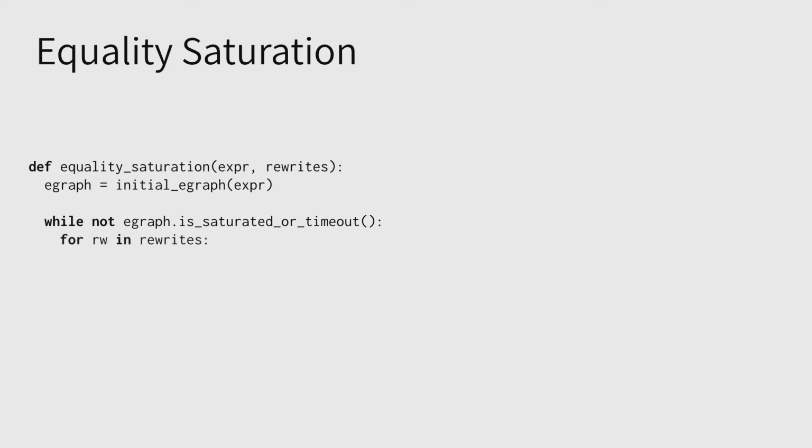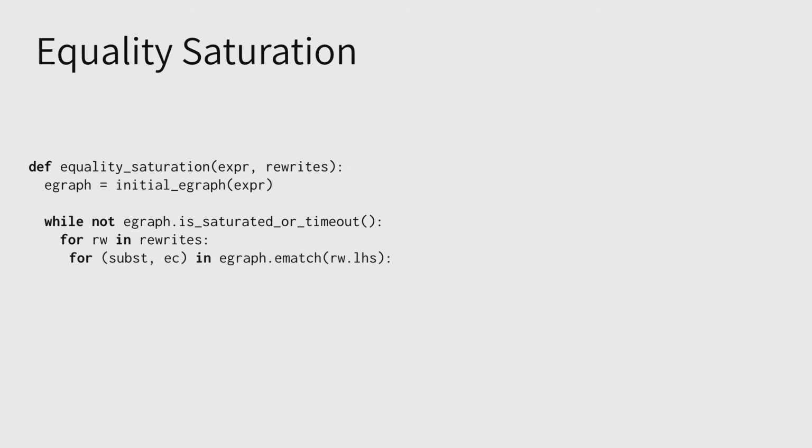So if we look into how that loop is implemented in Python, we're just going to step through this. I promise it's only like 8 lines of code. When I implement equality saturation, I take a term and chunk it into an e-graph. Then, while the e-graph isn't saturated, or I haven't hit some resource bound, I'm going to take each rewrite. I'm going to search the e-graph for matches to that rewrite.